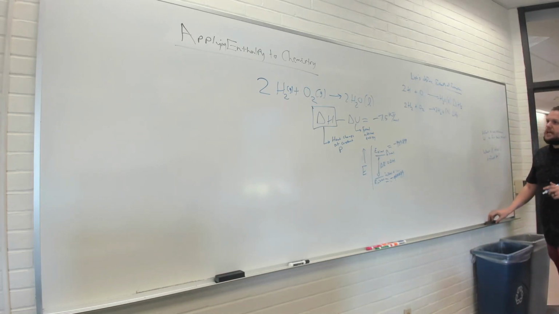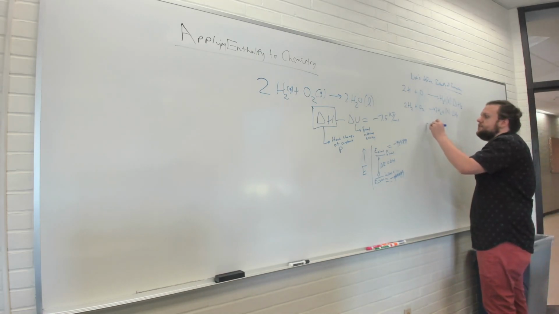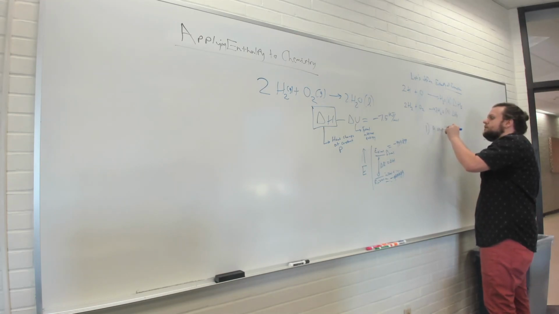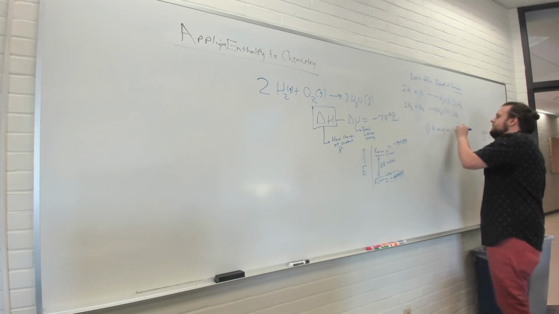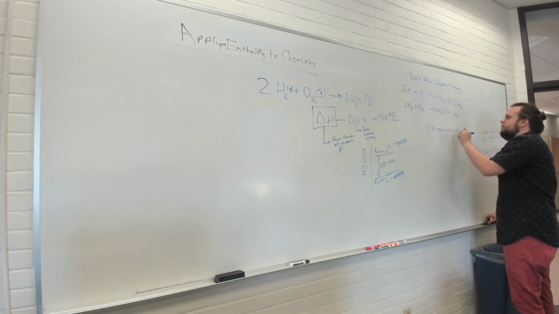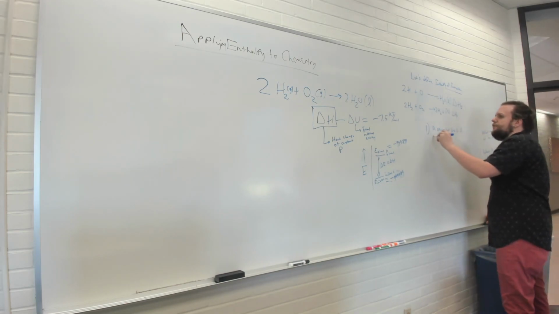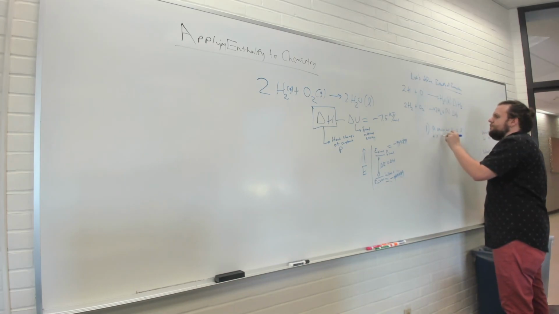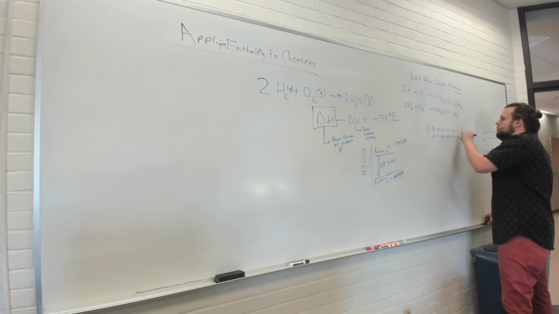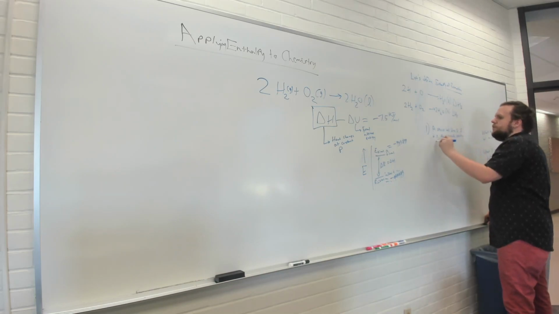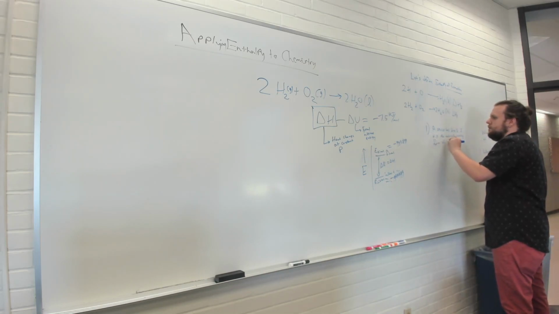And the way that most chemists define zero enthalpy is a species has H equals 0 if it is the naturally occurring form of the species.